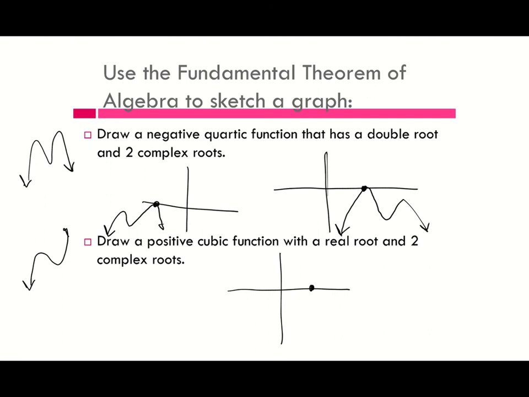So I could come up and then have my 2 complex. Or I could have a bunch of different options. I could have my real root here, and I have my 2 complex, and then I have my 1 real. So different options, but make sure that you just have your 1 real and 2 complex. Your complex cannot cross your x-axis.